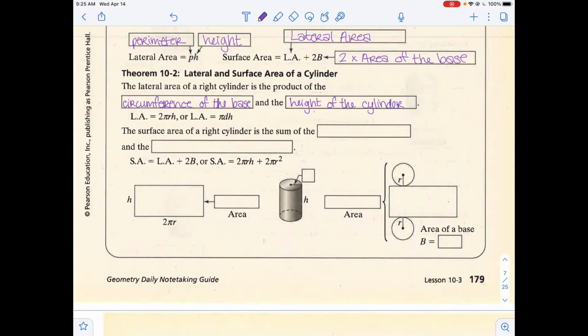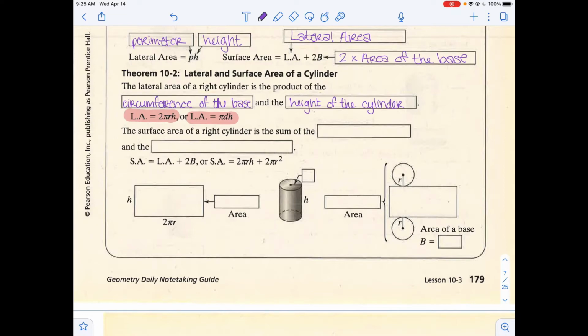Okay, so we know that circumference is 2 pi r, so lateral area is 2 pi r times h, or pi times diameter times height. And again, it gives you your formulas here. If you want to highlight those, you can find them easily.